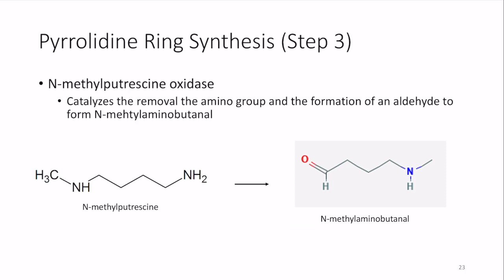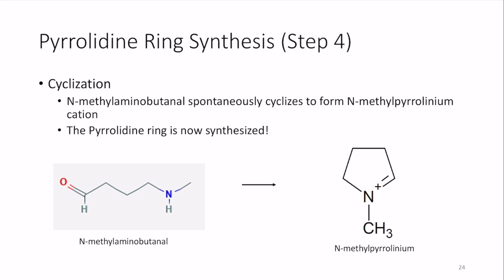Moving on, we have N-methylputrescine oxidase, which catalyzes the removal of the amino group on the end of N-methylputrescine and turns it into an aldehyde. And then finally, we cyclize the N-methylaminobutanal that we just formed, and this happens spontaneously, and then the pyrrolidine ring is now synthesized.